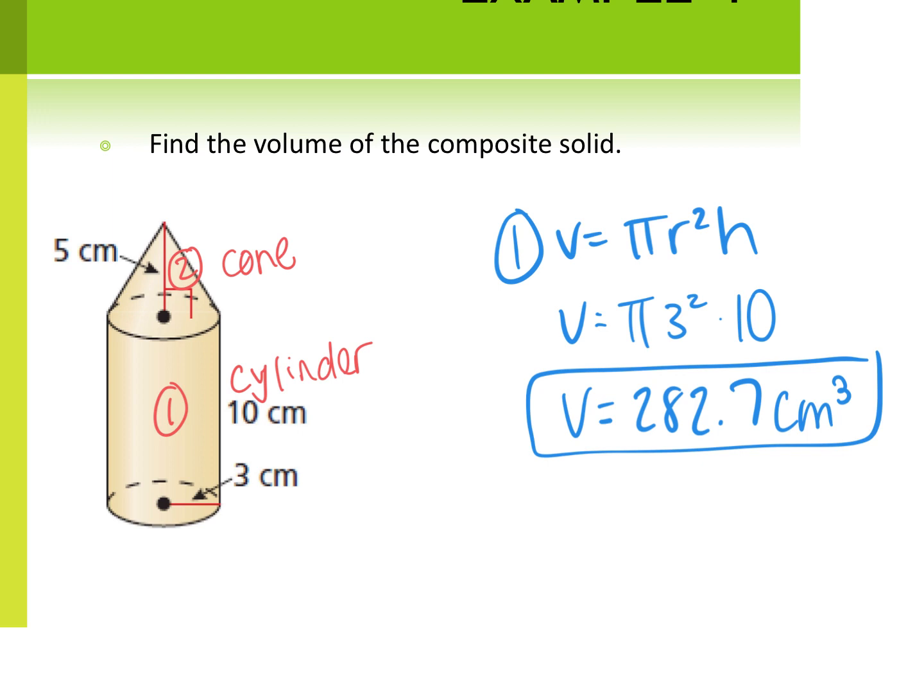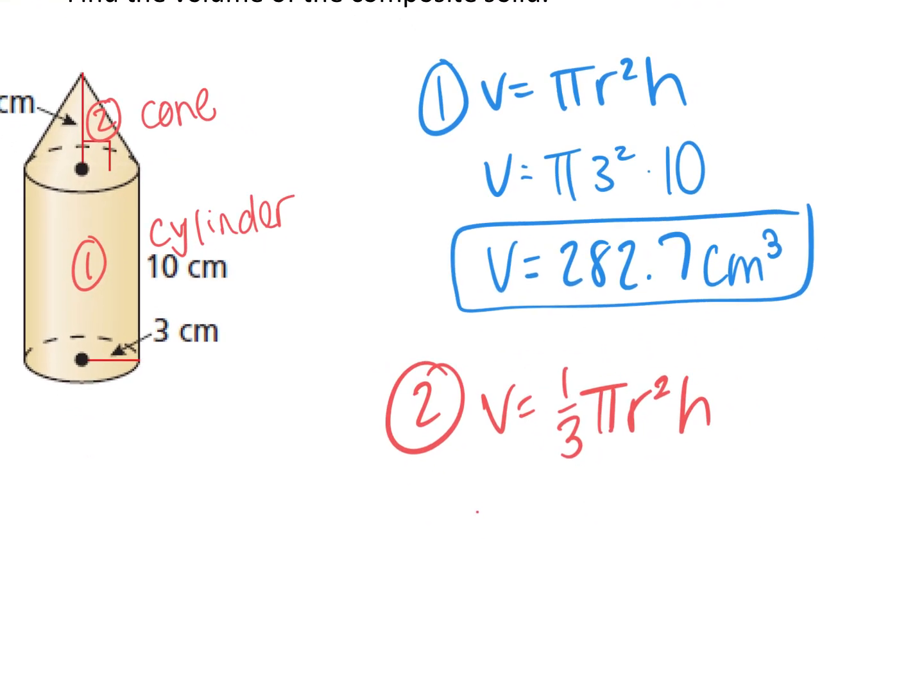No. That's for the cone. Okay? For the cone, now our formula changes. How does our formula change? It's a third the volume of the cylinder. So pi r squared times the height. Our radius is the same or it's different?